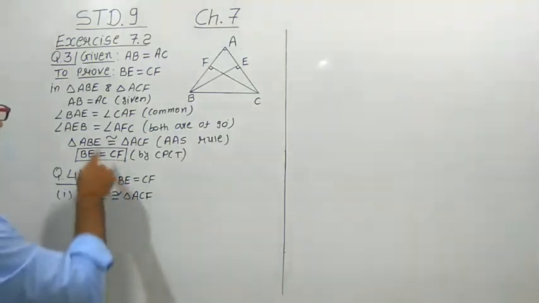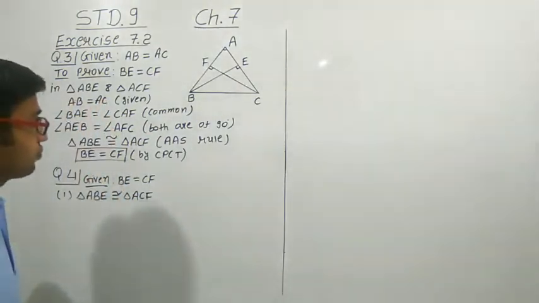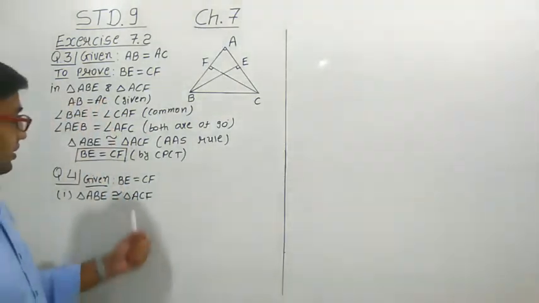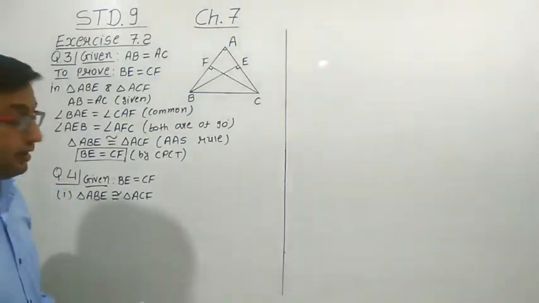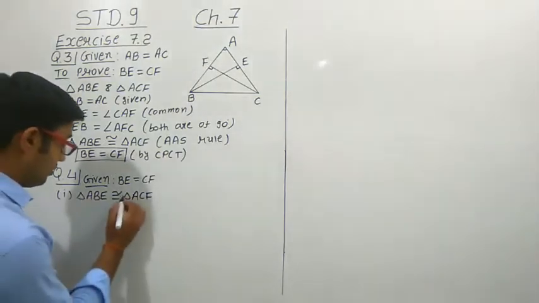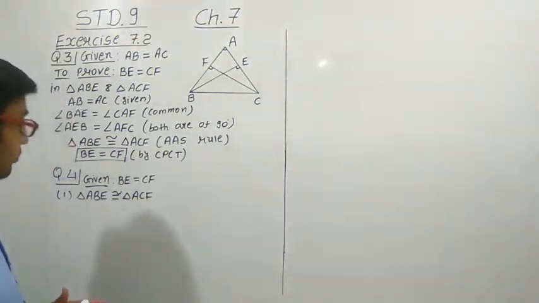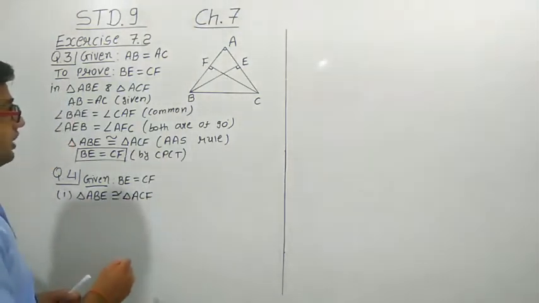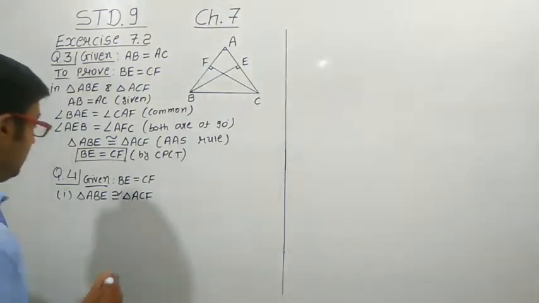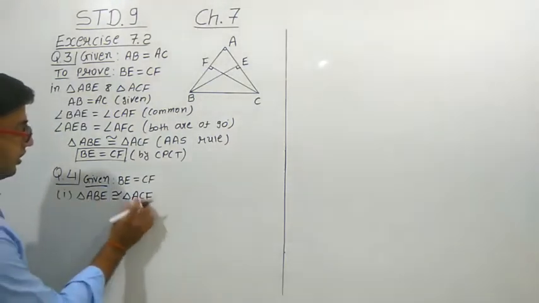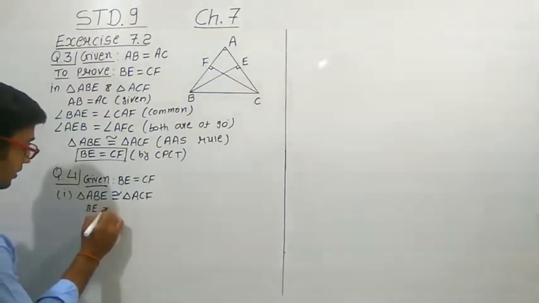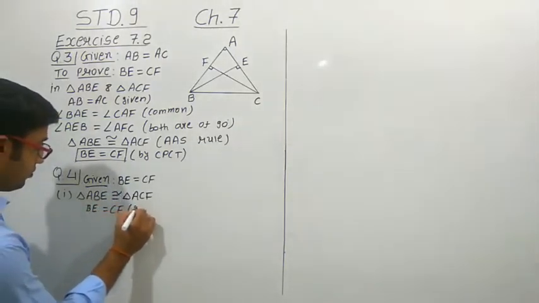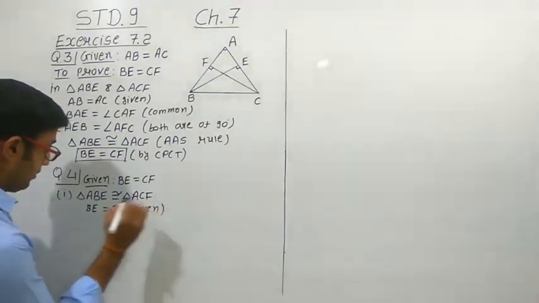See, one condition here we cannot write down that AB is equals to AC because here that thing we do not have here. ABC is not an isosceles triangle, right? So think about what we can take here. We can take side BE and CF that already we have given. BE is equals to CF. This already we have given.